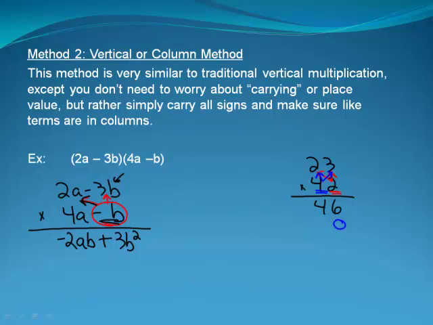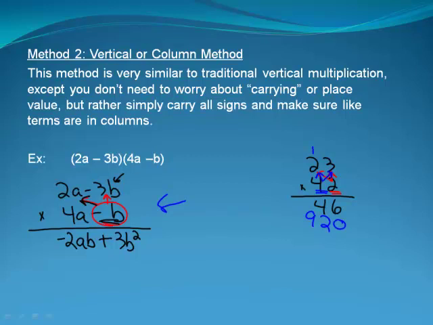You don't have to worry about that over here. Okay? Over here, you took 4 times 3 and you got 12, and then you had to carry that 1 into your next multiplication step. You took 4 times 2 was 8, and then you added another 1 to it. That gave you 9, and you wrote that in the next column.